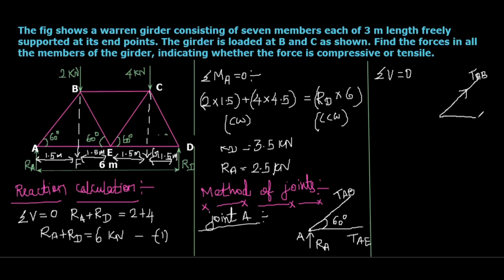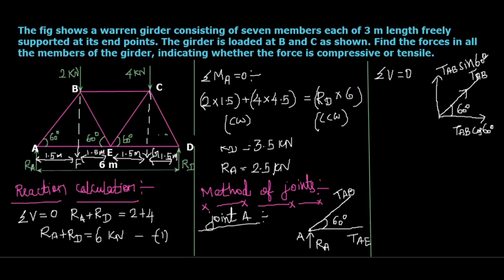Then we resolve it into two components: TAB cos 60, the horizontal component acting towards the right, positive X direction, and TAB sin 60, acting in positive Y direction.